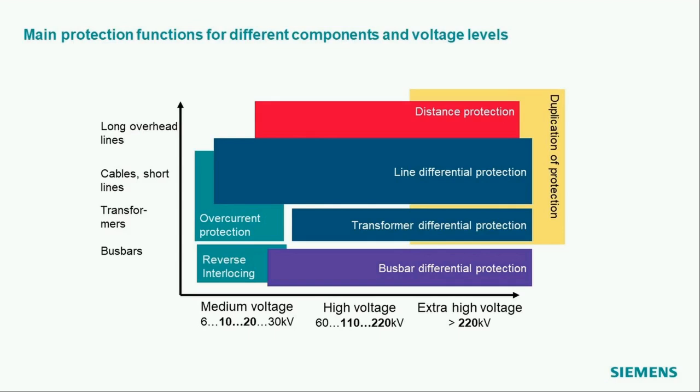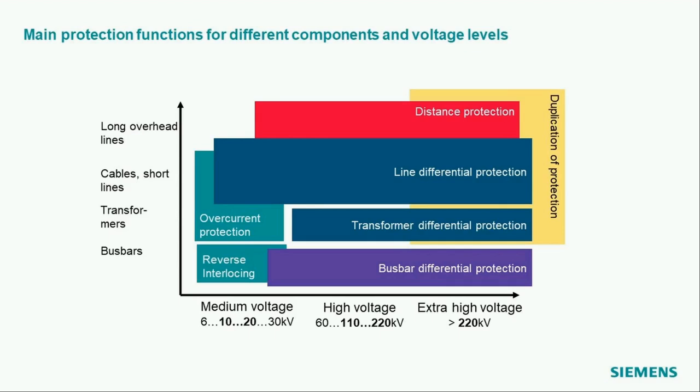And on the vertical axis you see the different components. From the top down, it would be long overhead lines, then cables and short lines, transformers and bus bars. And then I indicate in this diagram what is a typical main protection function in this area.